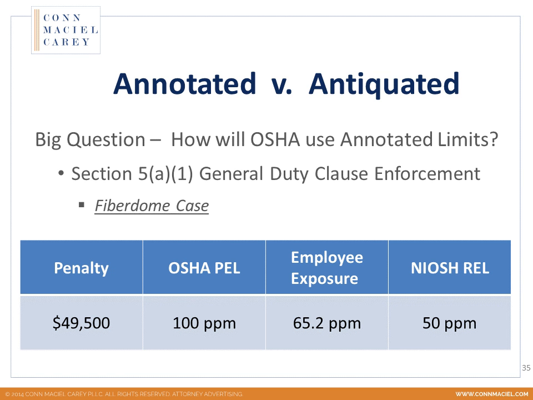The NIOSH REL for styrene is 50. OSHA issued a general duty clause citation to Fiberdome for exposing their workers to styrene. $49,000 fine. Ultimately, the case was settled for a couple of $1,000s.